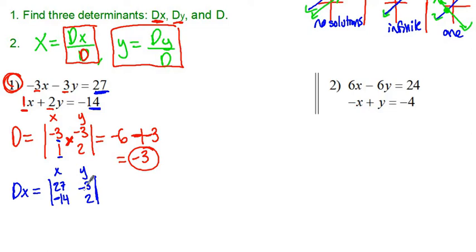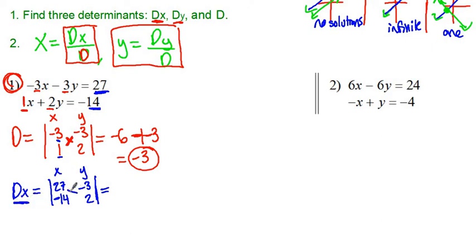It's a fairly complicated proof, more complicated than what's within the scope of this course. In Algebra 2 you're not really expected to know that proof. If you are interested, you can certainly search it. But all we need to know is to replace the x column with the answers 27 and -14, and that will give us the Dx.